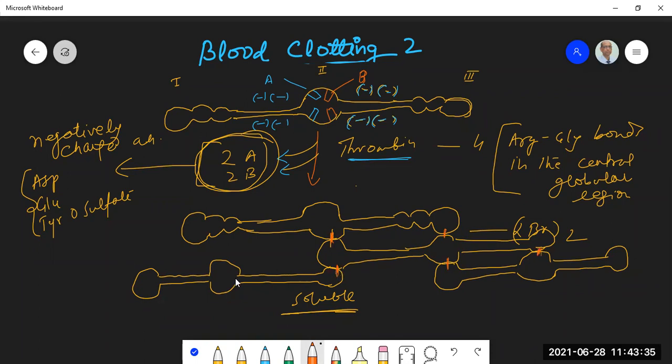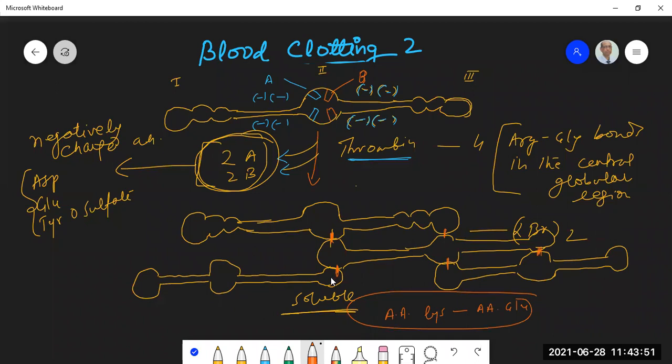it catalyzes formation of an amide bond between the side chain of amino acid lysine and amino acid glutamic acid of individual monomers.